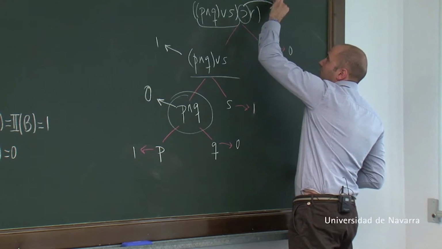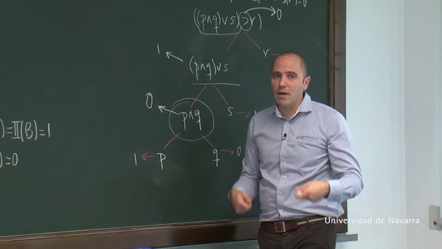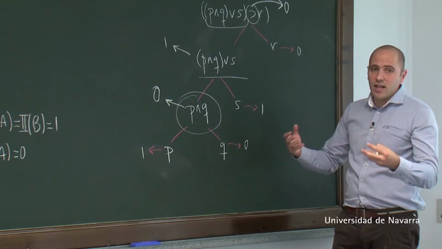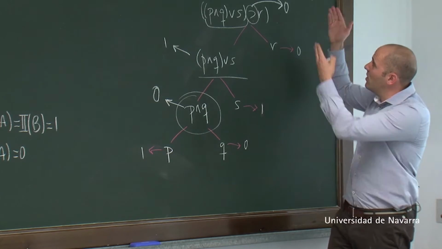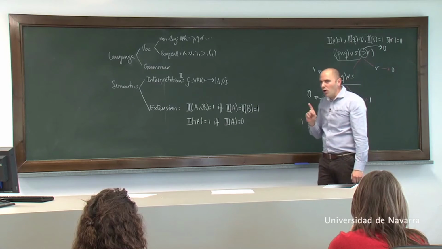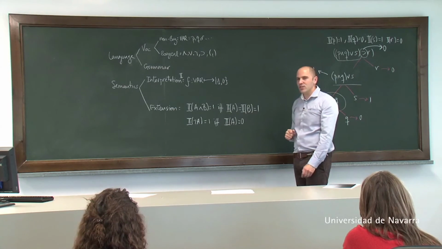So this is going to take value 0, and that is what is sometimes called the main logical sign of a sentence, which tells us the truth value of that sentence. And in this interpretation, this sentence takes value 0. We've got all the ingredients now to give our definition of logical consequence, which we will make soon in the next video.